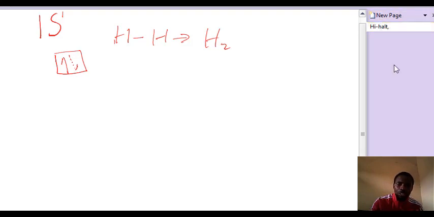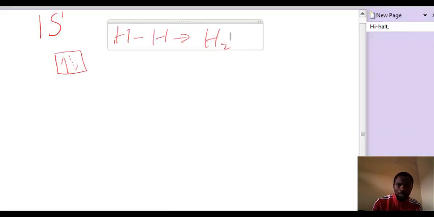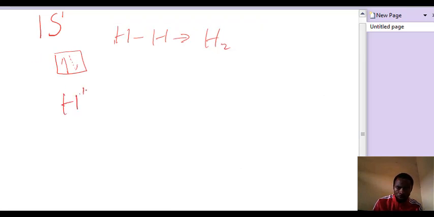Also, the common oxidation state of hydrogen is +1, while in hydrides we have -1 oxidation state. Hydrogen can exist in +1 oxidation state simply by losing an electron, so it becomes H+.